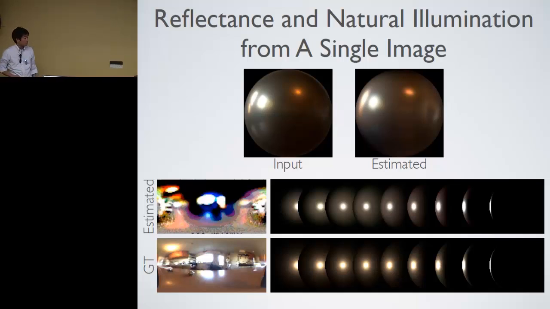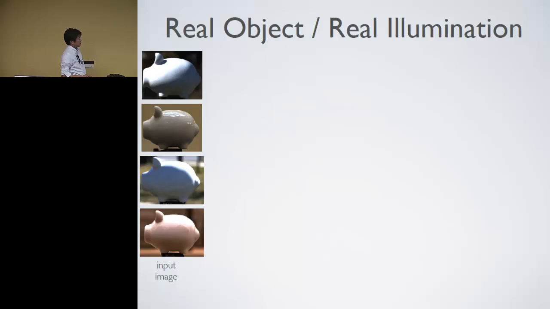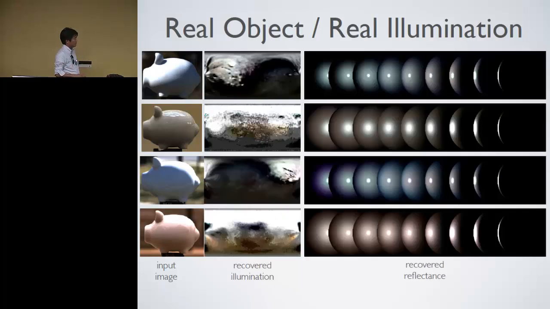Here's another example, and you can see that we recover the full BRDF from just this single image. Okay, and we can really take this outdoors. From each of these single images taken under 4 different natural illumination conditions, we can recover the natural illumination and the full BRDFs.